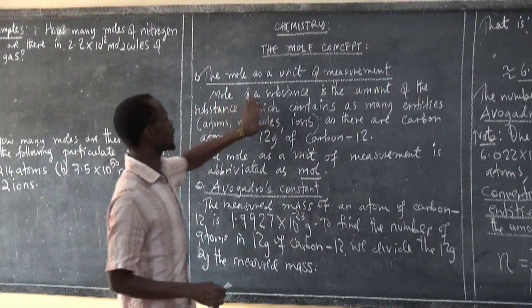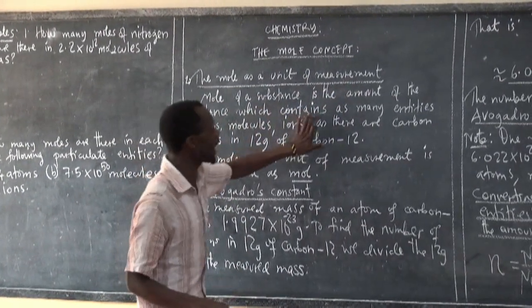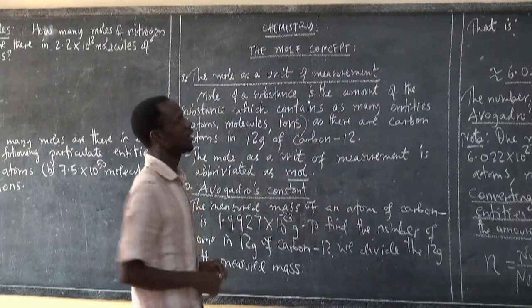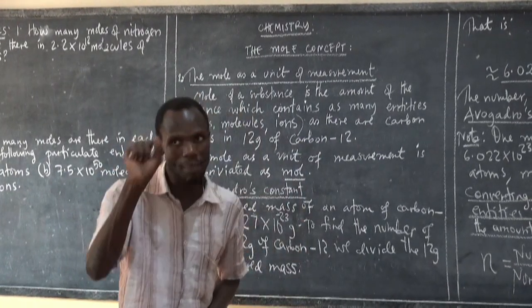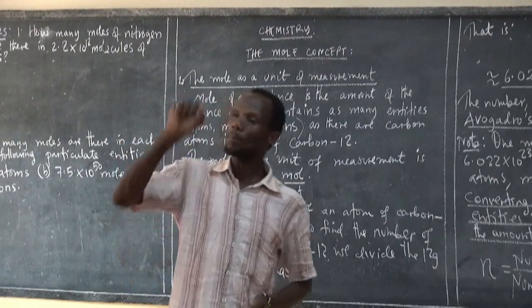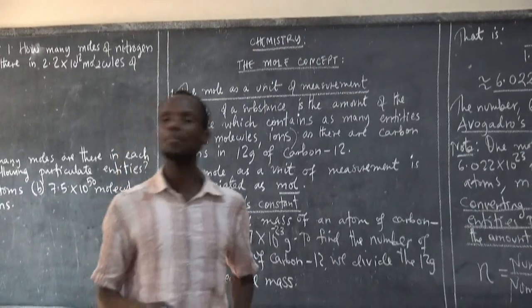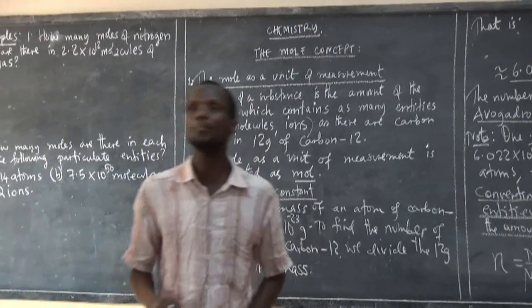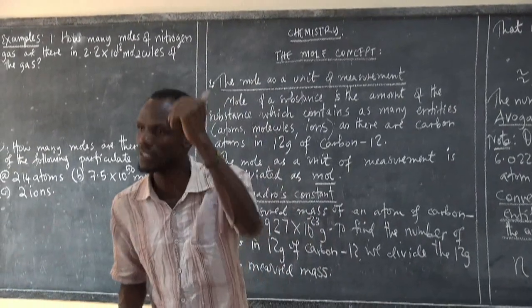Now, the mole of a substance is the amount of substance which contains as many entities. Those particulate entities may be atoms, molecules, ions, or particles itself.